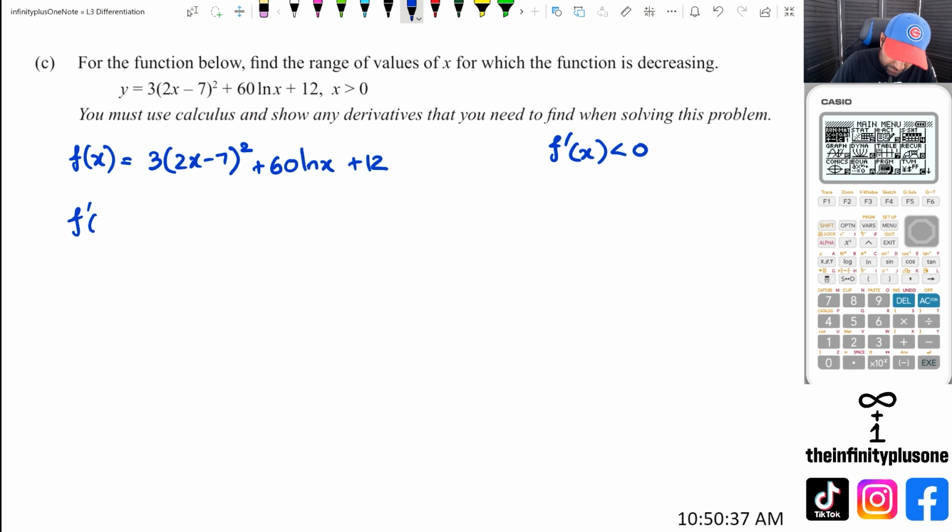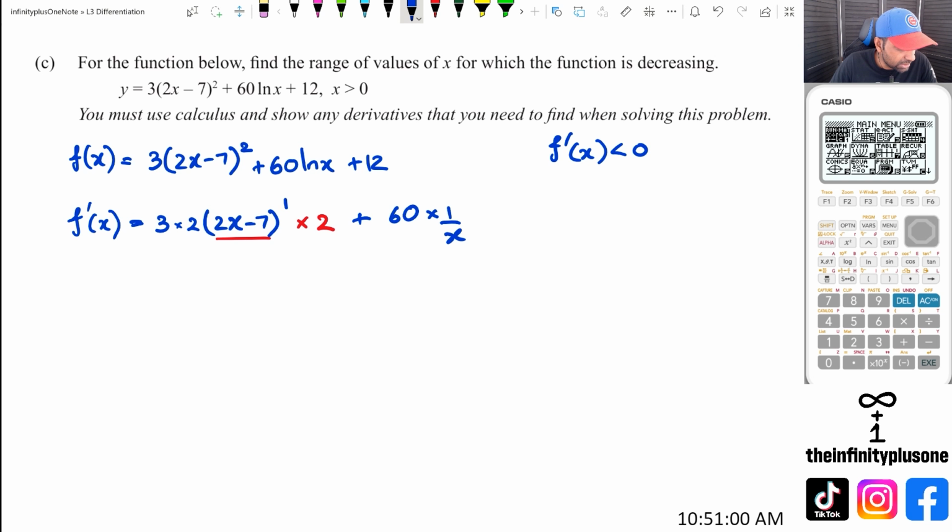When I do f dash of x, I've got chain rule, so I'm going to do 3 multiplied by 2, (2x minus 7) to the power of 1, then multiply by the differentiation of the brackets, which happens to be 2, plus 60 ln x. When I differentiate that, I get 60 times 1 over x, and the 12 disappears.